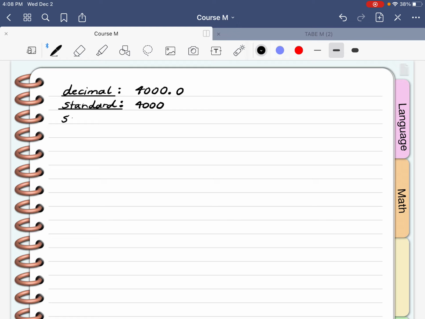So scientific, once I can see standard, I can do scientific. It's not easy, but I can do it. It's 4 times 10. And this is not behind the decimal, so it's not a negative. It's going to be a positive 3, 10 to the third.